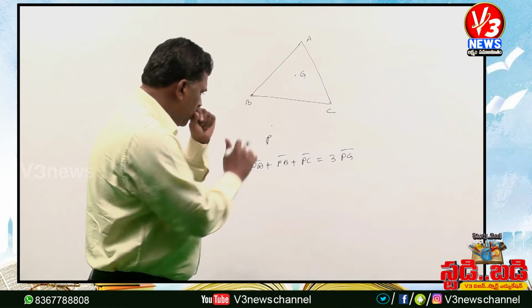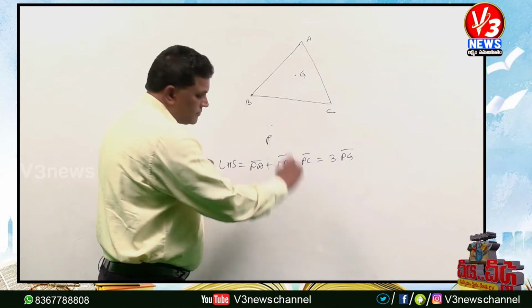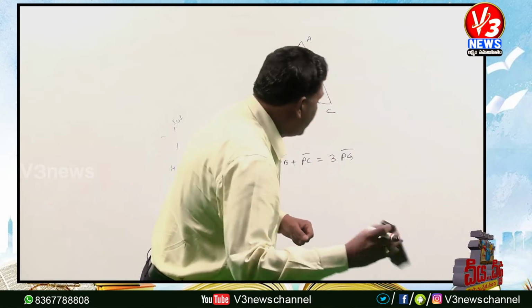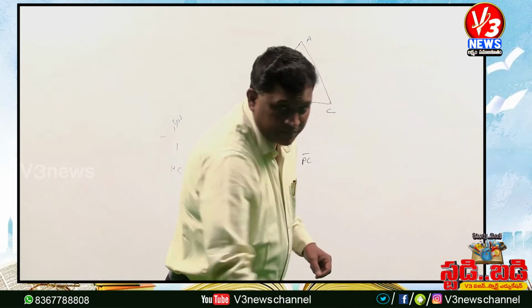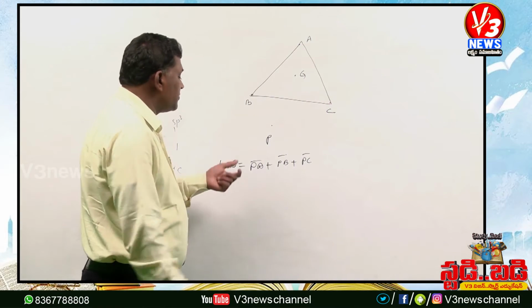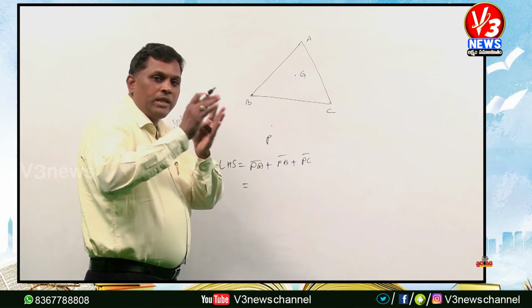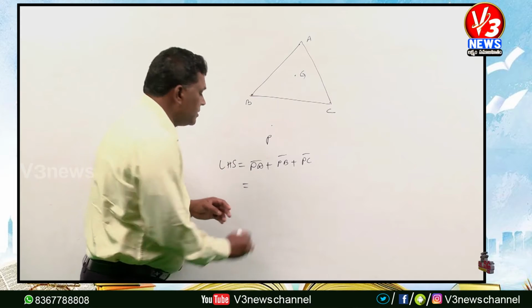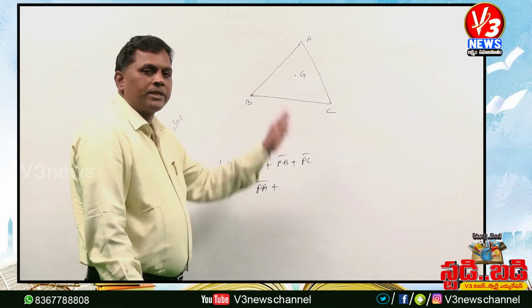Okay, take this LHS. Taking this LHS, our target is to get thrice PG bar. Now observe carefully. Out of these three vectors, keep any one vector as it is, that is your choice. Suppose I am keeping PA bar as it is, keep it aside.